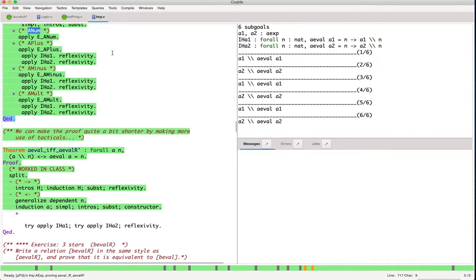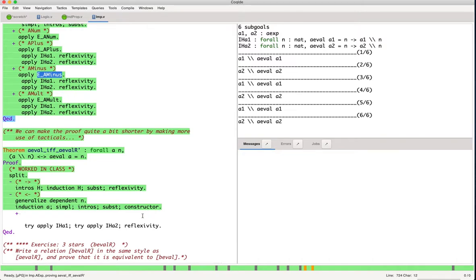So it's gone. And then the constructor thingy has created assumptions that we need to prove for each of the constructors. And because each of the EA plus and EA minus and so on have 2 assumptions, we end up with 2 times 3 because we've got 3 cases still left. So we get an A1 and an A2 for each of the 3 cases of the plus, minus, and mult. That's why there's 6 of them.